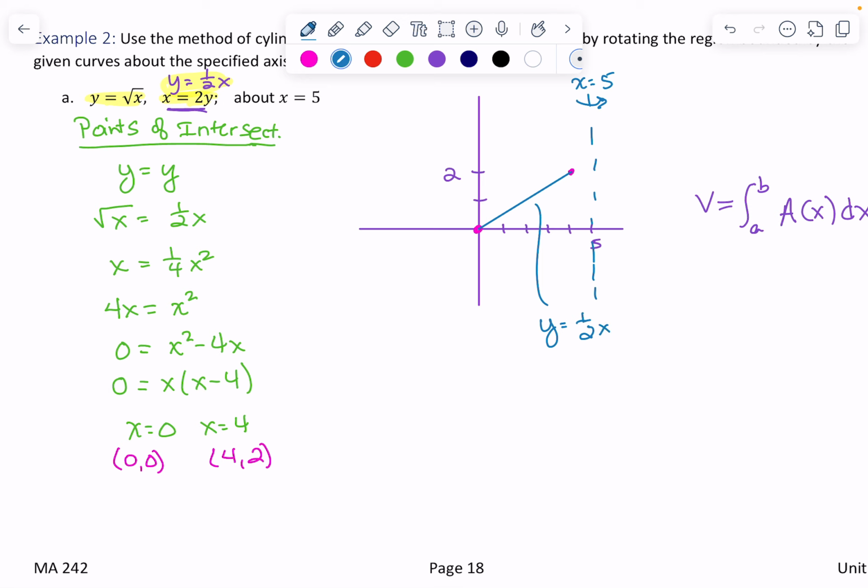And then for y equals the square root of x, let's say x equaled 1. At x equals 1, y equals the square root of 1, which is 1. So I'm going to have a point of (1, 1) for this function, and I'm going to have something that looks like this.